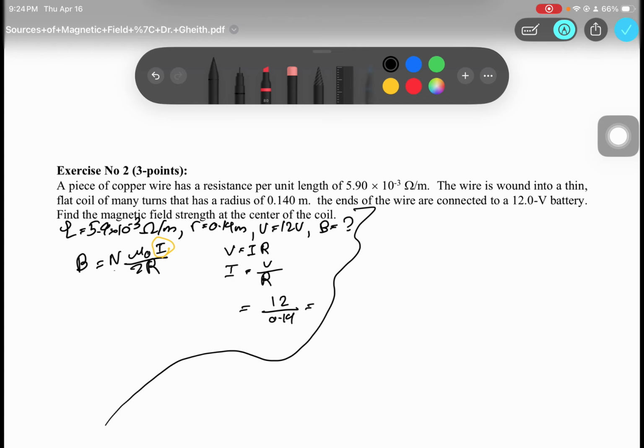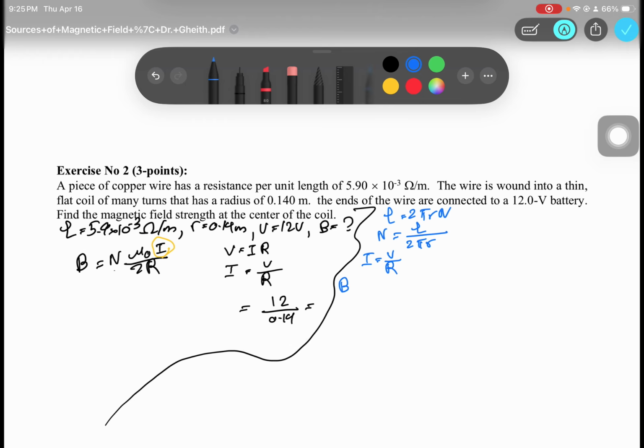Here's my professor's way. He writes L is equal to 2 pi r n first, and n is equal to L by 2 pi r, moving it to the other side. And also I is equal to V by R first.